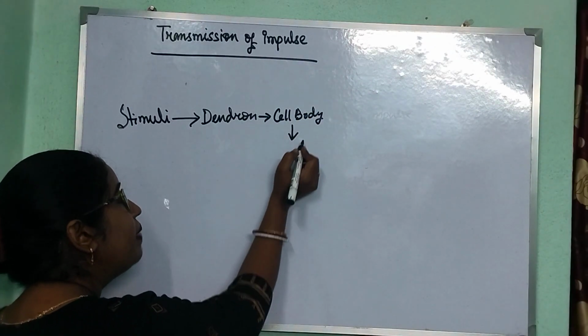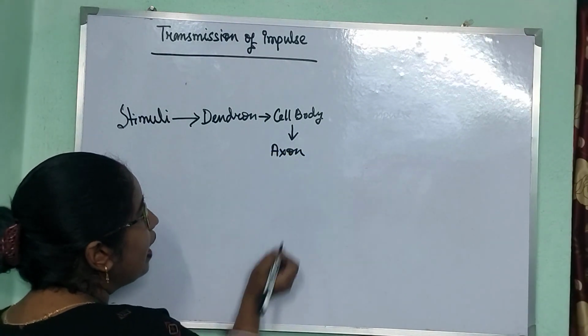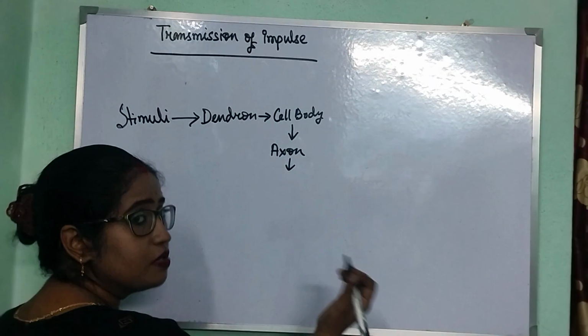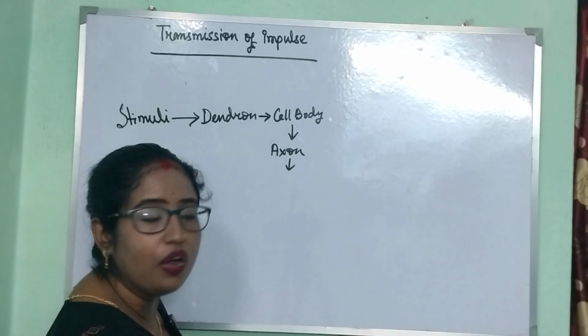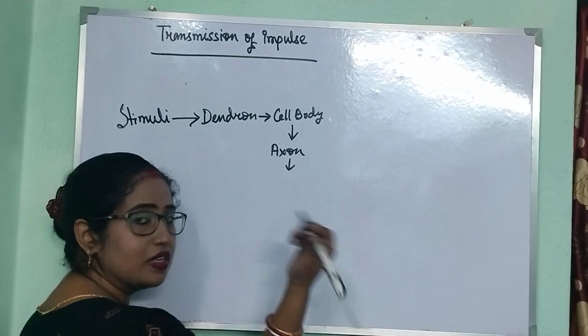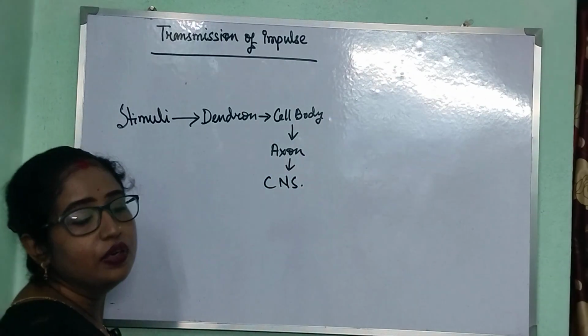The cell body again passes the information into the axon, and the axon then transmits its signal to another neuron, or passes its impulses to the CNS for further processing.